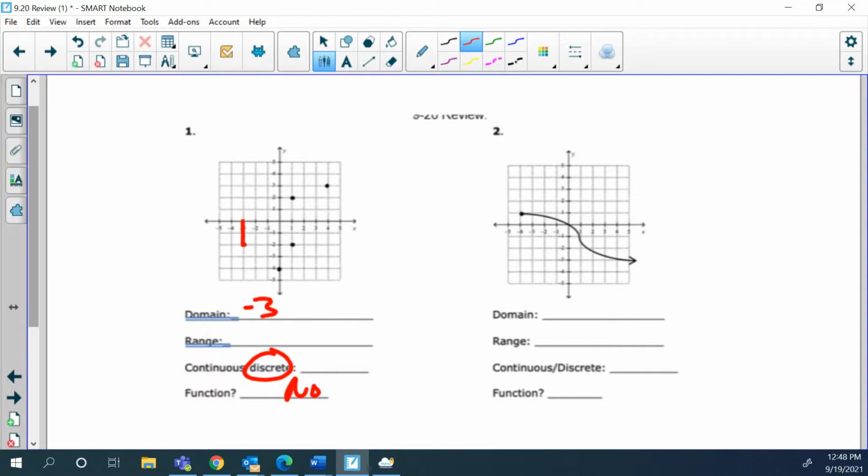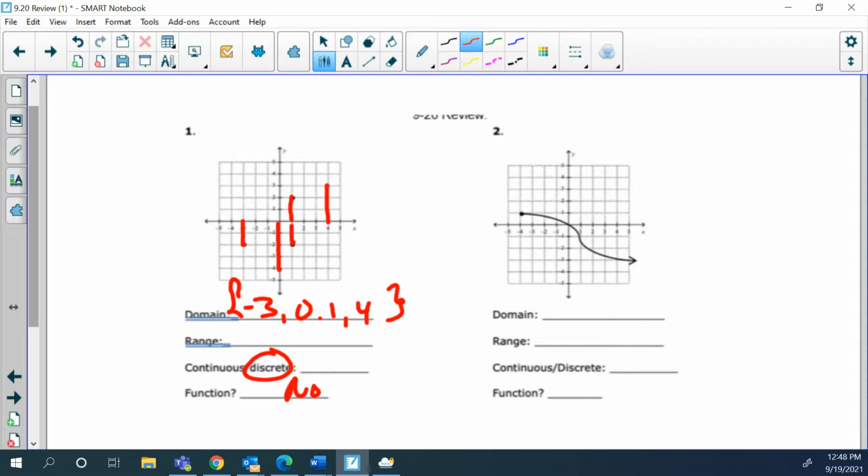The next point is here on the y-axis. So when I go up, that is 0. The next one is here. I go up, that is 1. And here, this point is also 1, the x-coordinate, but I'm just going to write it one time. And the next point over is 4. So my domain is -3, comma 0, comma 1, 4.